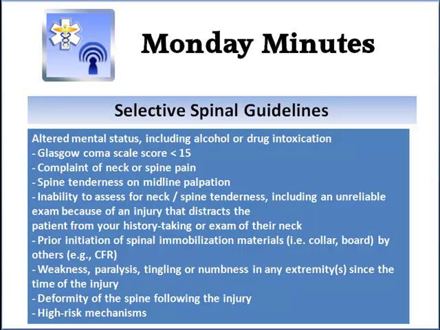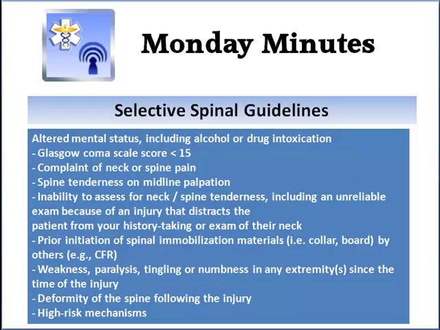Things you should look at are altered mental status, low Glasgow scores, complaining of neck or spine pain, and spinal tenderness. Maybe you can't assess the neck or spine because the patient has a distracting injury.